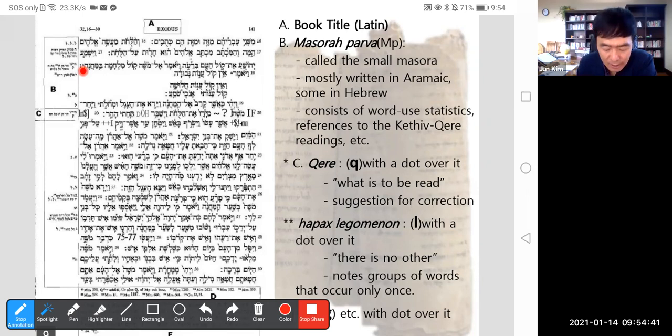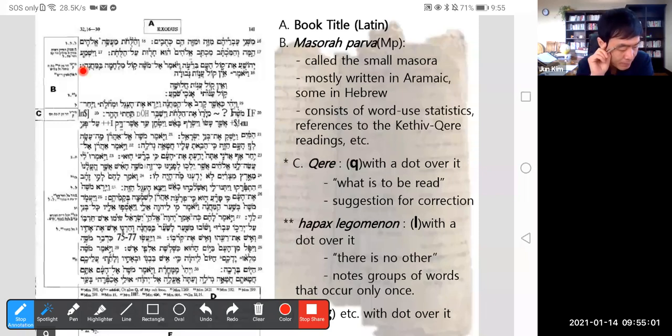You can see the letters. The letters look like Hebrew, isn't it? Hebrew letters, but that's Aramaic. But if you really look closely at the letters, there are some letters that have one dot on it. Can you see that?